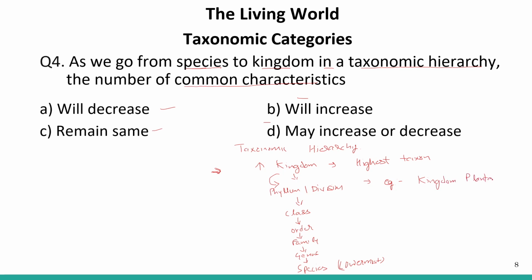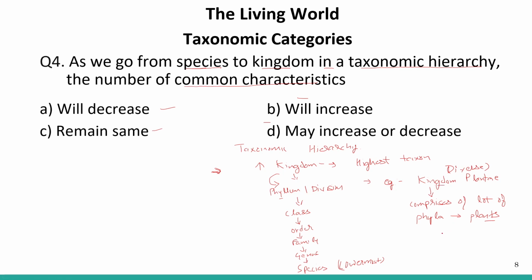This kingdom Plantae comprises a lot of phyla, which belong to different types of plants, so it is very diverse. Diverse organisms are included as we grow higher up the taxonomic hierarchy.